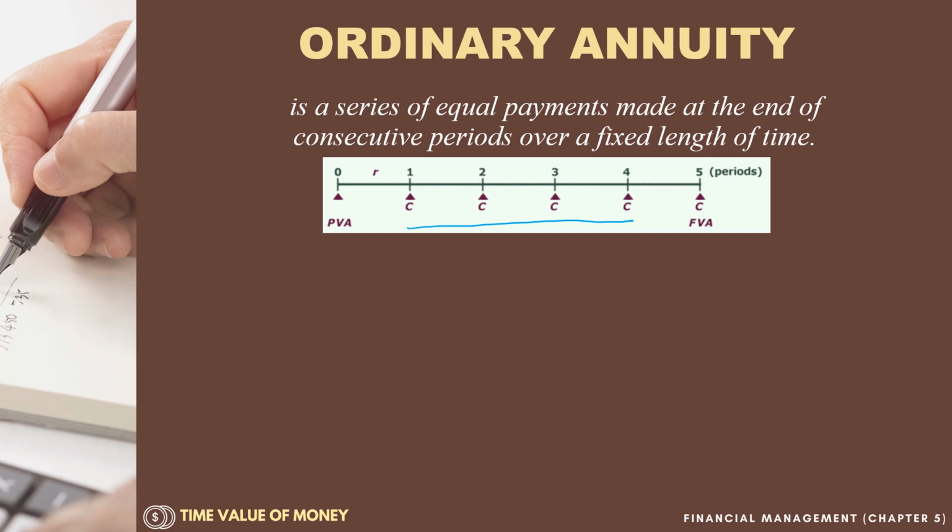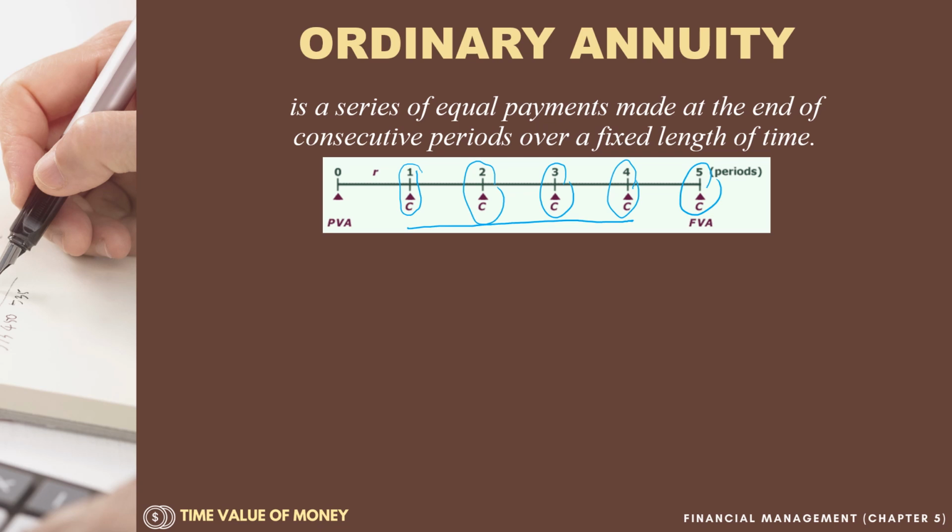Unlike the lump sum type, wherein there are no cash flows between the present value and the future value, here there are equal payments of cash flows that are made at the end of the year, okay? So, at the end of year 1, at the end of year 2, at the end of year 3, year 4, year 5, and so on and so forth.